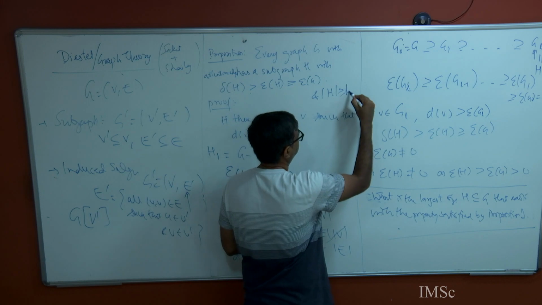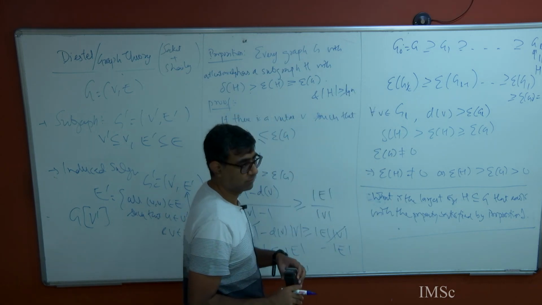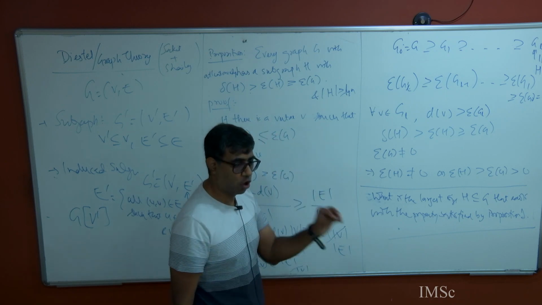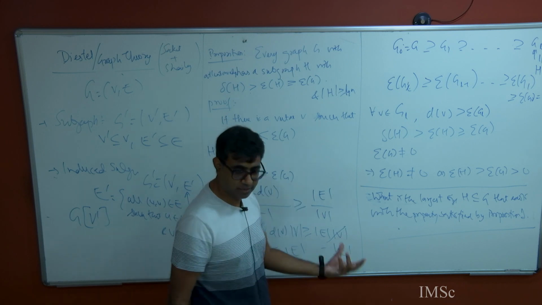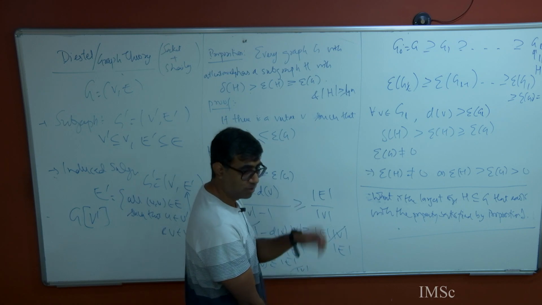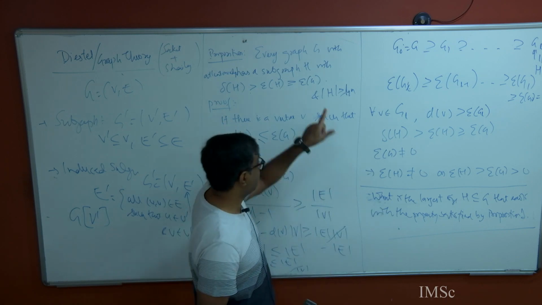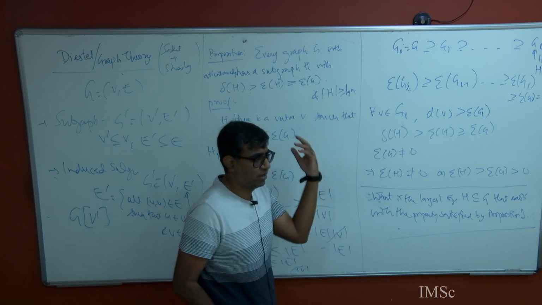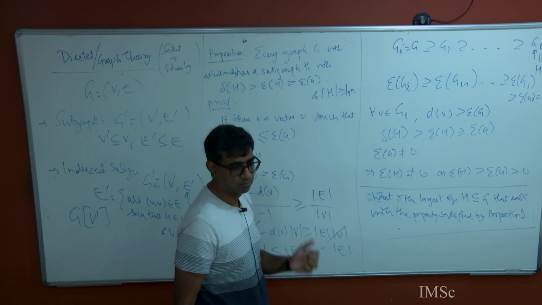I'm happy even if someone proves log n for me, for example. Any function. That is my notion of large, something which only depends on the function of my input graph G. And it is a lower bound, not an upper bound. The upper bound we know: H is an induced subgraph of G, so H is upper bounded by n. But I want a lower bound.